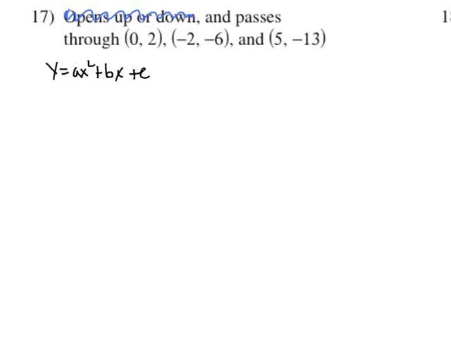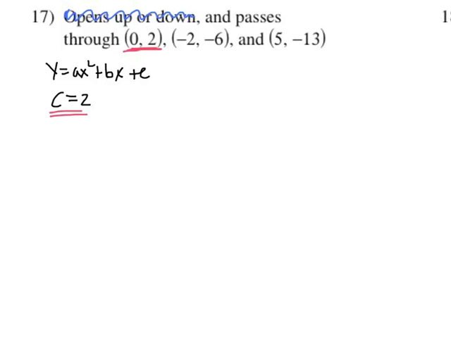Looking at those points, do they give us some good information? They give us c, because the y-intercept is always c. So therefore, c equals 2.